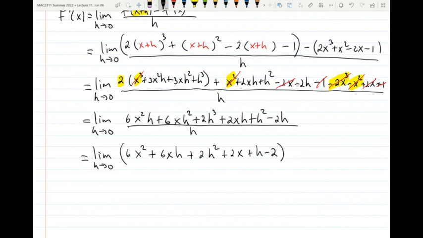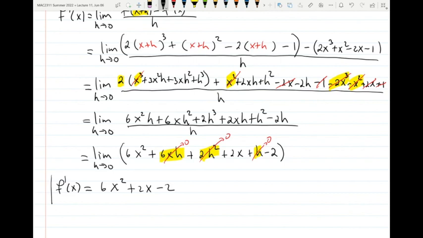Let's take the limit. Everything that has an h is gone, right? When we take the limit, this is gone, this is gone, this is gone. So it goes to 0, it goes to 0, it goes to 0. And what's the answer? 6x squared plus 2x minus 2.